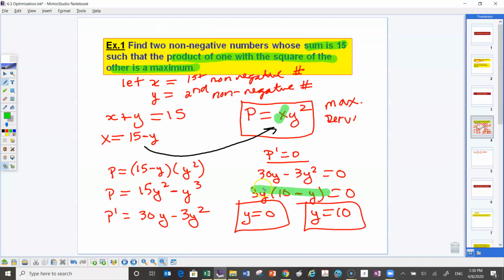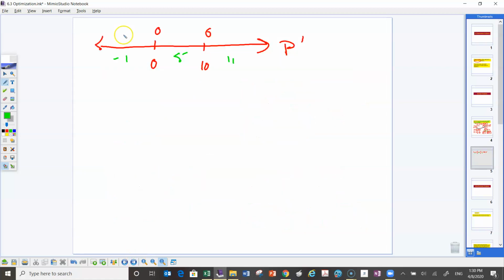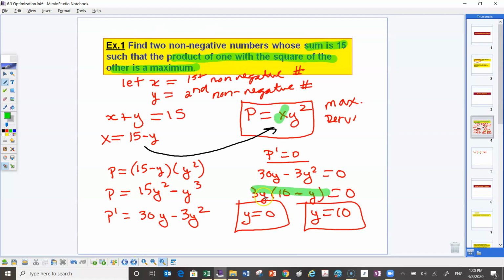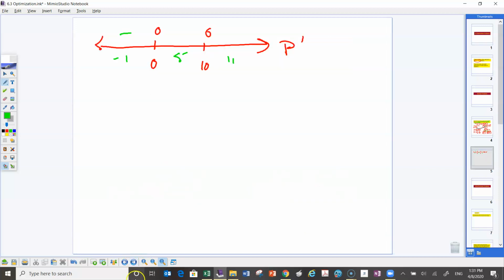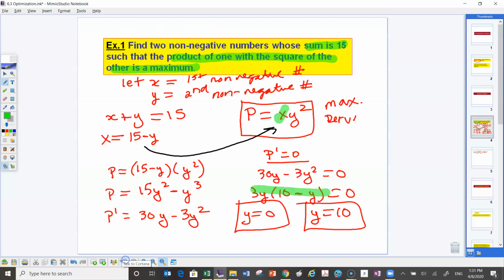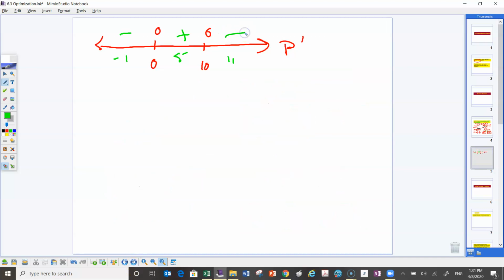If I put a negative 1 in this, 3y is negative, and 10 minus y is positive, and a negative times a positive is a negative. 3 times 5 is positive, 10 minus 5 is positive, so that's going to be positive. And 11 is going to be a positive times a negative, so it's going to be negative.